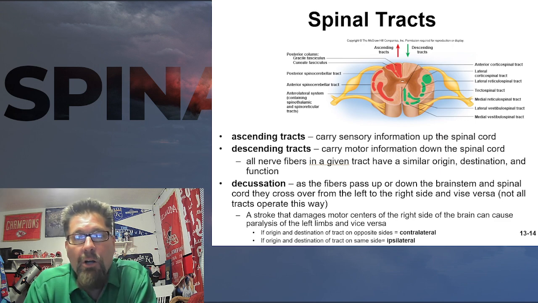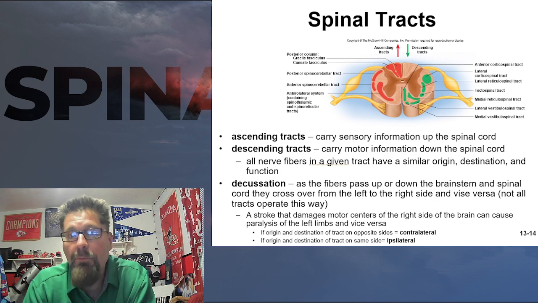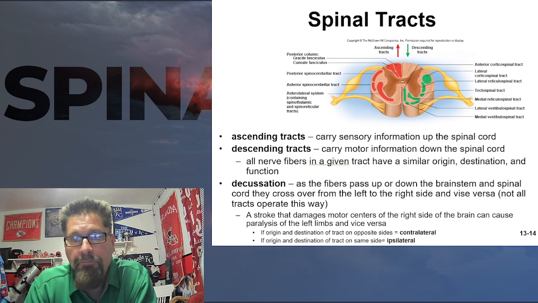And the tracts are specific to where the message is coming from, what type of message. So for example, say that the skin on your arm is itching.